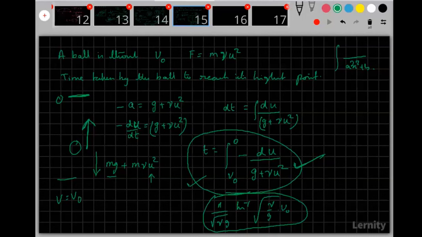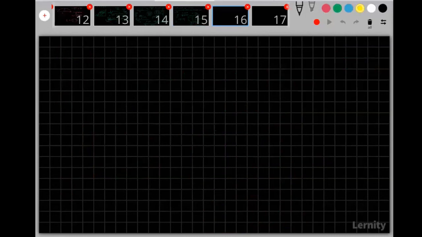If you want me to explain again, I'll explain again. See, there's a particle here. The particle is pushed up with some velocity v0, but it is facing some drag. The drag is a downward force. Any frictional force is a force opposite to translation. So the downward force will become mg plus m constant u squared.